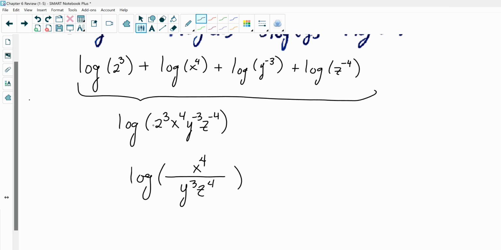And while we're at it, we can do 2 to the 3rd. 2 to the 3rd is what? 8. Our final answer is log of 8x to the 4th over y to the 3rd z to the 4th. And that's it.